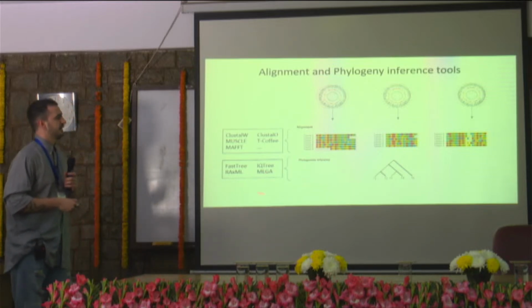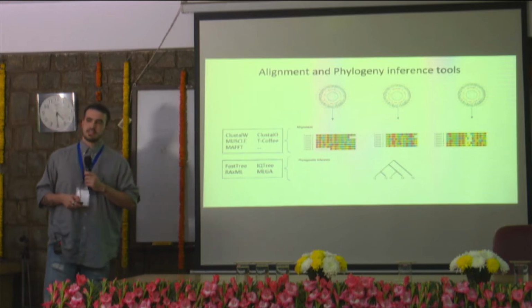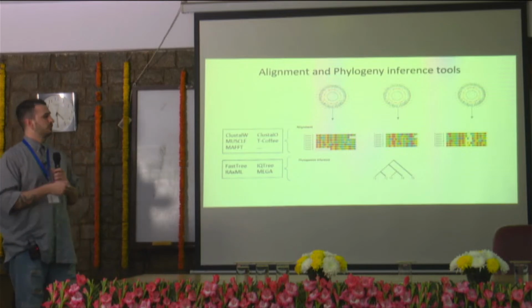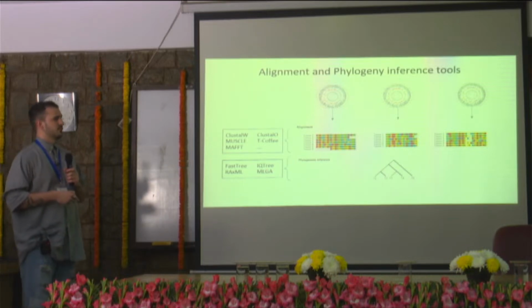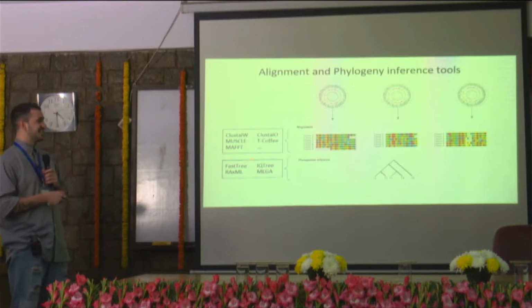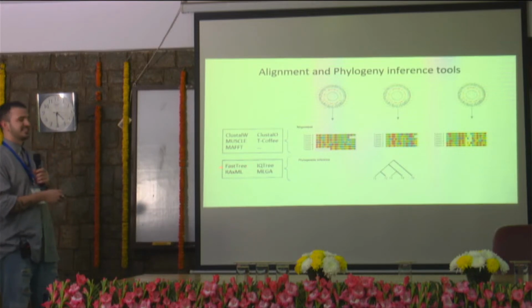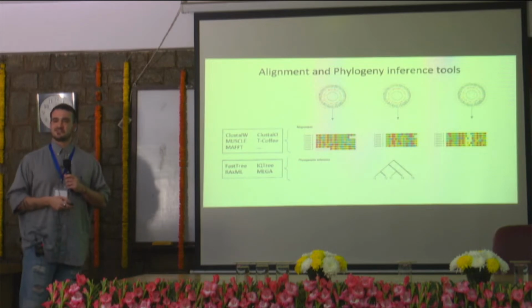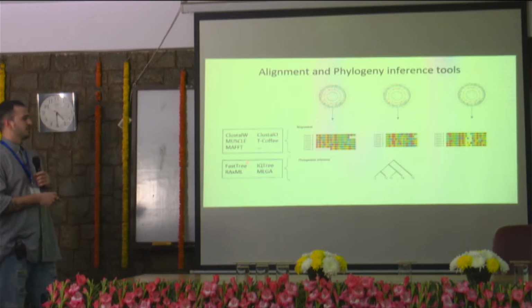Then with the phylogenetic inference, it's the same. You get the result of your alignment, and you run it through the phylogenetic inference step to generate a phylogenetic tree. Some tools even tell you in the name, like FastTree: I'm making you a tree really fast. So if you have a lot of organisms, you will go for this one.